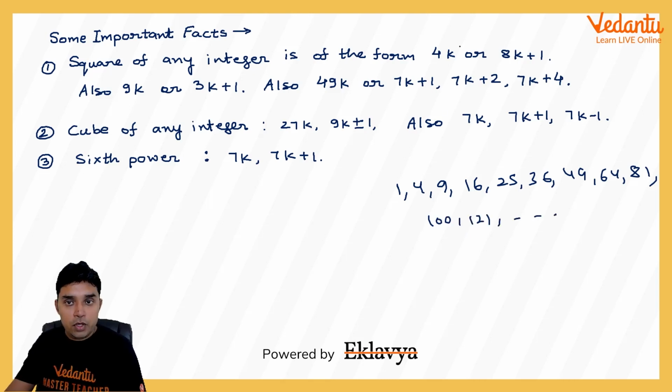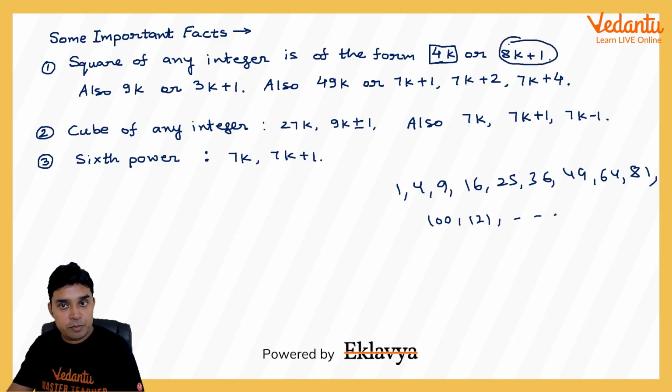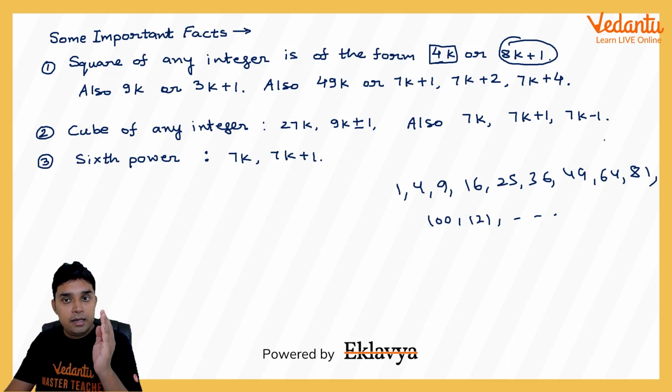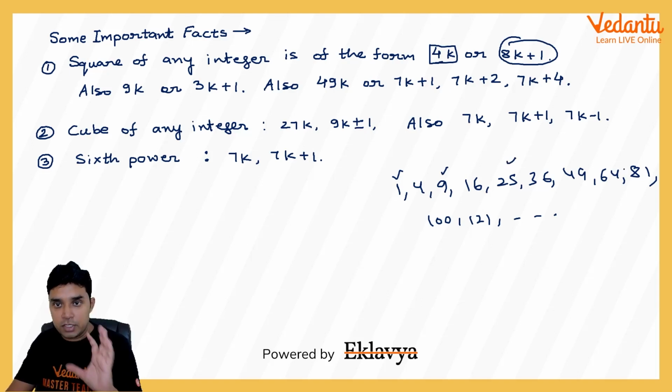You can check the square of any integer will be either a multiple of 4 if it's an even number, but if it is not an even number, then it will be of the form 8k plus 1, which means if you divide a perfect square by 8, it will give you remainder 1. You can check 1, 9, 25, all squares of odd numbers are examples of this.